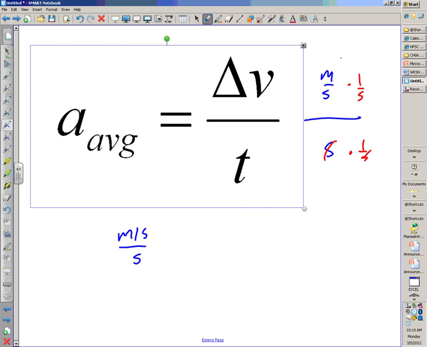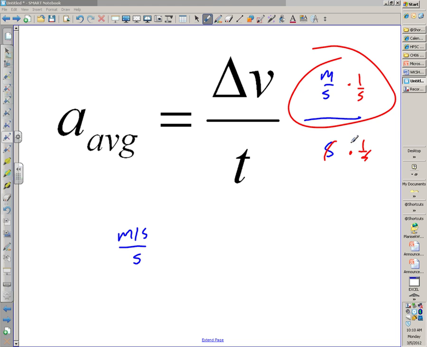When you do this, we're just multiplying fractions again, so you end up with meters over s squared. So meters per second squared. That's generally how you will see the unit for acceleration written, as meters per second squared, which is the same thing as this, meters per second per second. Just a little easier to write.